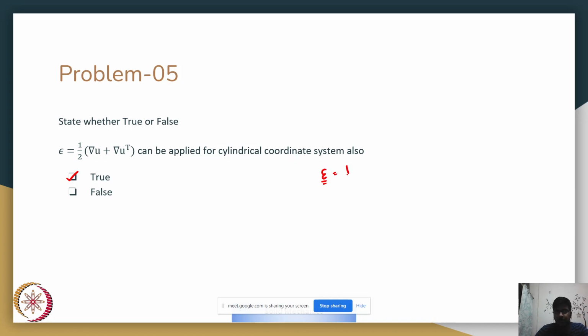So epsilon is half of grad of u plus grad of u transpose, and if you want, you can then confine it into a coordinate system, say E1, E2, E3. So you write the matrix forms for both sides in the same coordinate system.